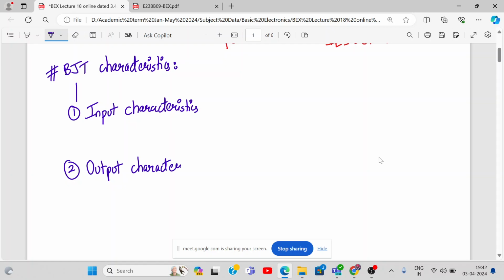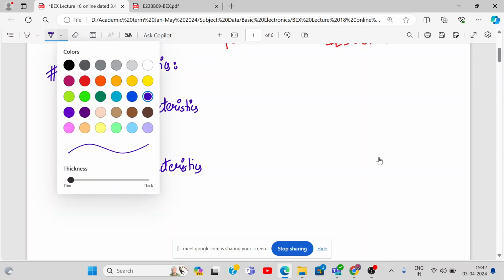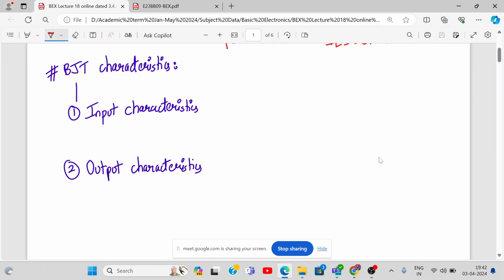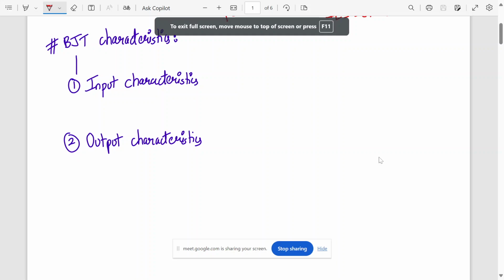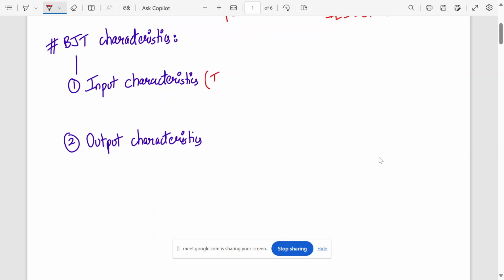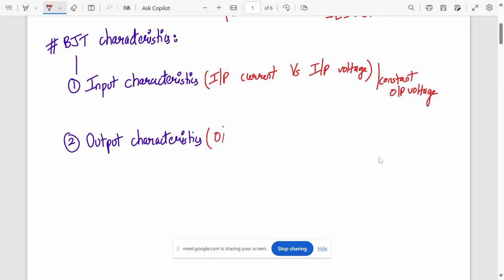In input characteristics we have input current versus input voltage at a constant output voltage, and in case of output characteristics we have output current versus output voltage at a constant input current.